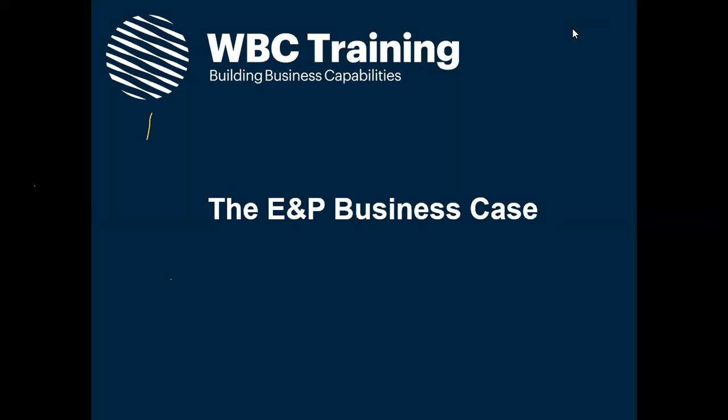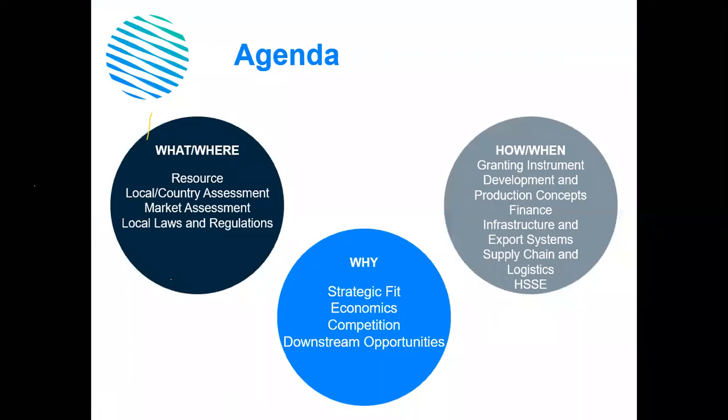Okay, so let's get to the agenda, and let me show you how we're going to structure today's discussion. We've broken up the main elements of an E&P business case into 14. Now, this is one way of doing it, of course, and this is a broad topic that needs to cover many different elements.